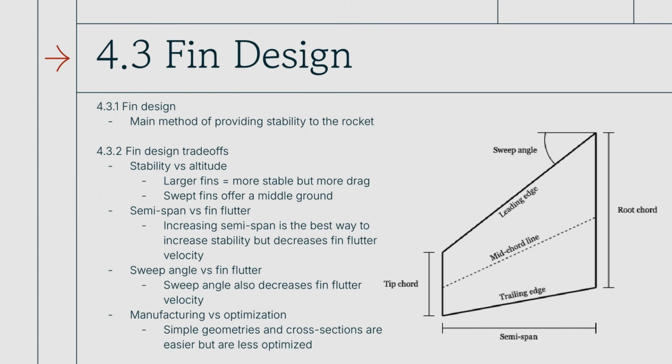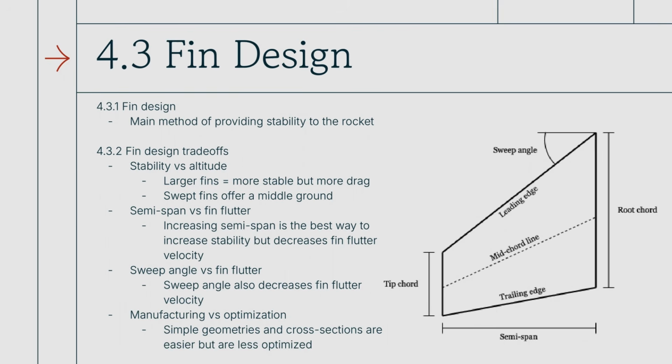Oftentimes you'll look at how fast you expect to be traveling, and based on that, you'll establish what the maximum width of your fin can be. Another trade-off is the sweep angle versus fin flutter. As I mentioned, you might be tempted to sweep your fin back more to gain more altitude and still be stable.